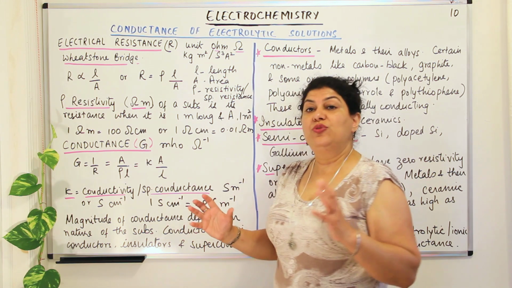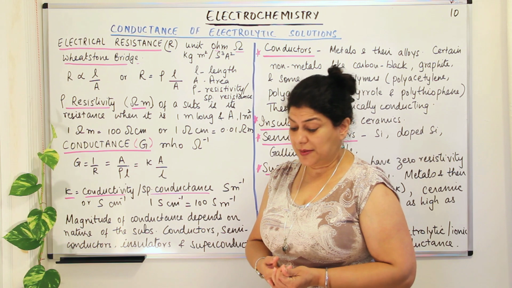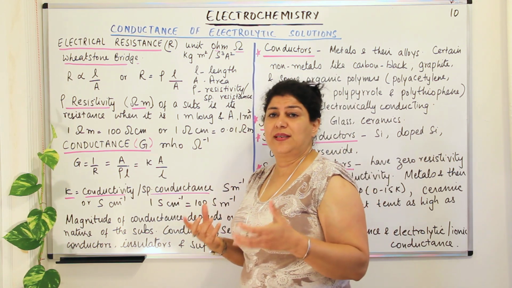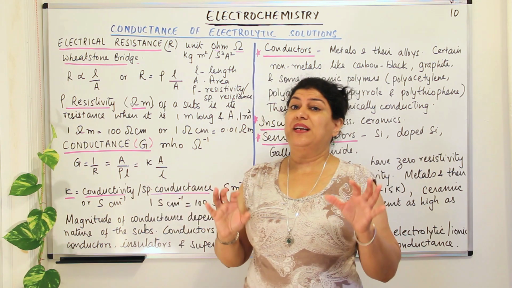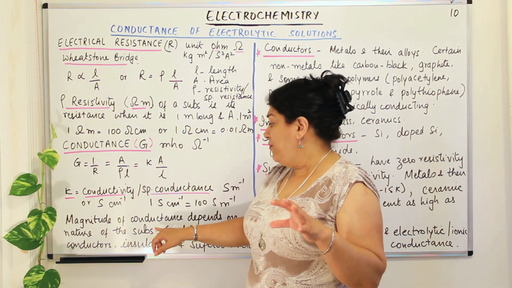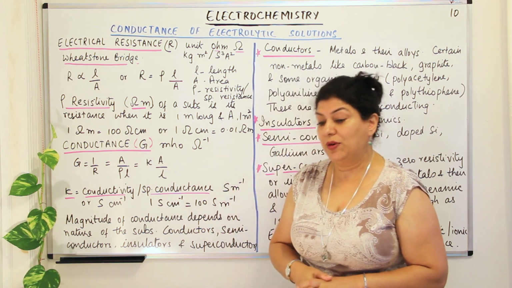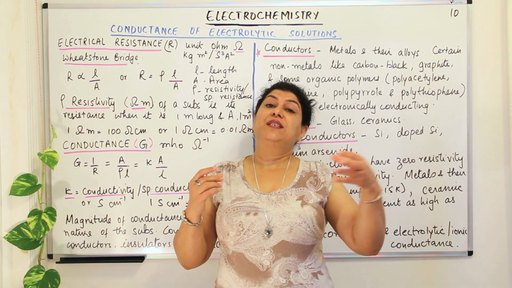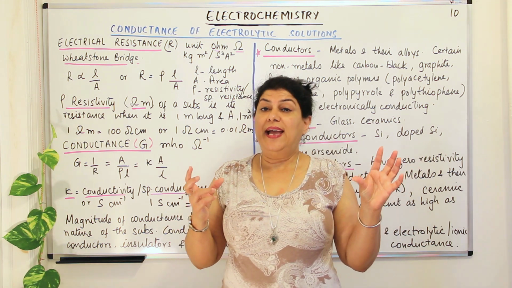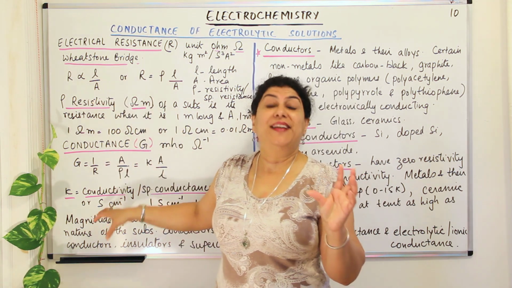Now the magnitude of the conductance depends on the nature of the substance. How much a substance will conduct, or the magnitude of its conductance or conductivity, depends on the nature of the substance. Some substances conduct electricity very easily, and some would have more resistance and some would have more conductance.